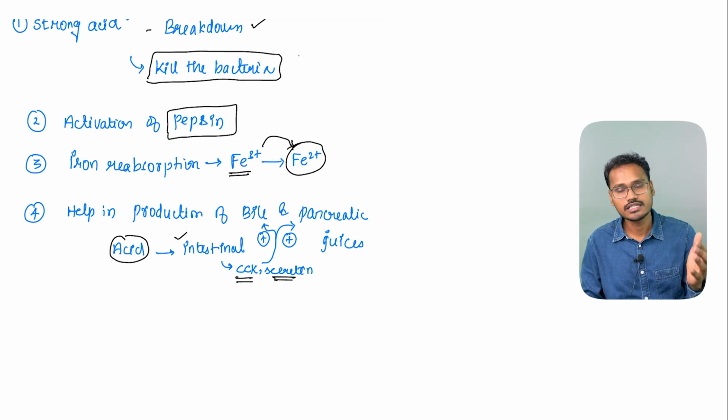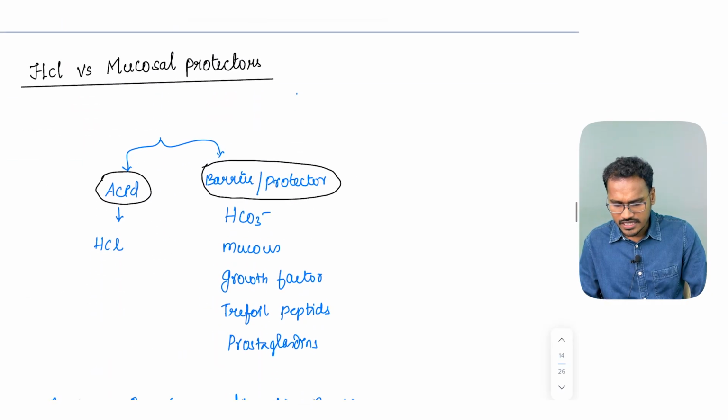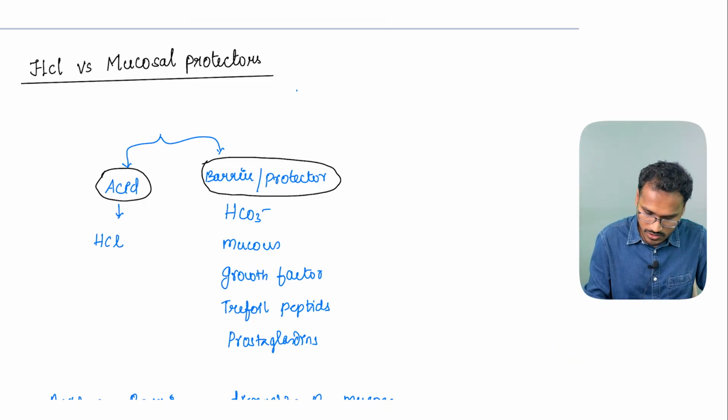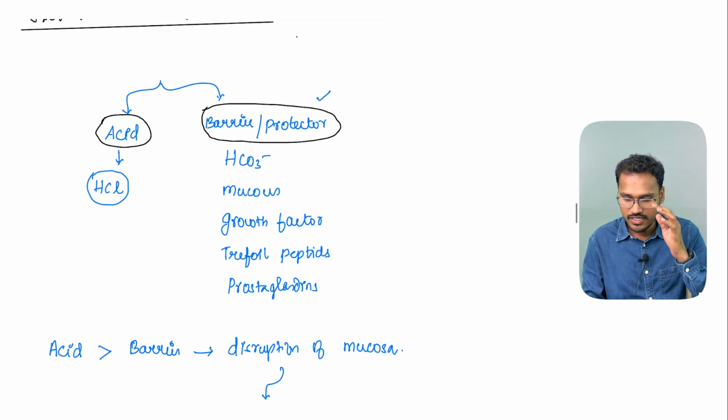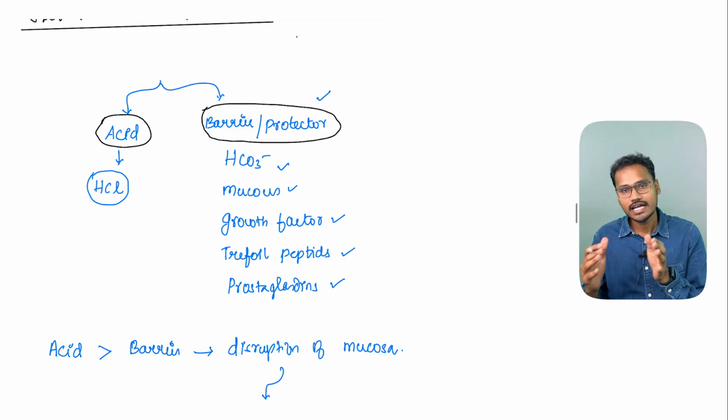So it is a strong acid, it kills the bacteria. That is one of its most important functions. And there are factors which are increasing the acid, which I already told you. The acid is on one side, and we have the barriers or the protectors on the other side, which are the bicarbonate, the mucus, some of the growth factors, trefoil peptides, and prostaglandins. All of them are fighting against this acid to protect the mucosa.